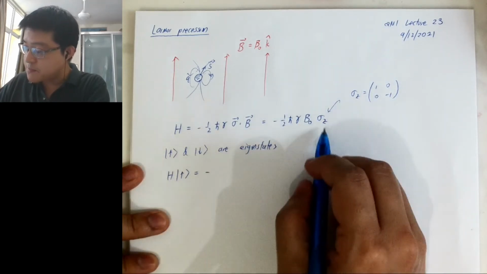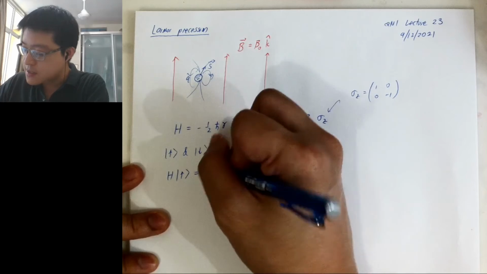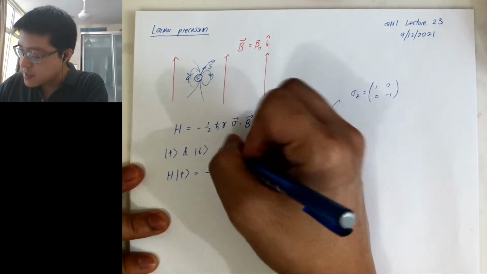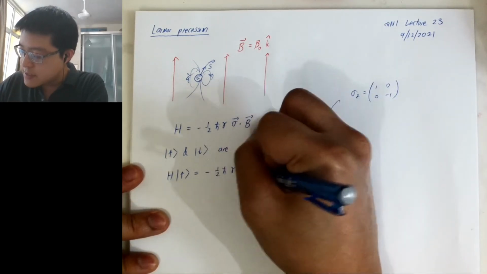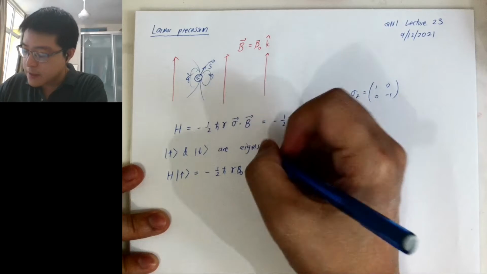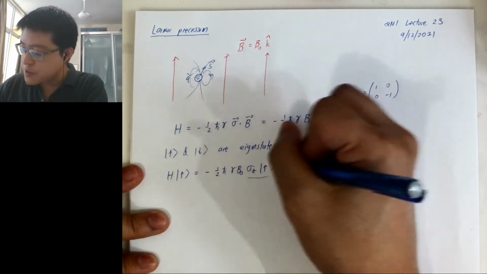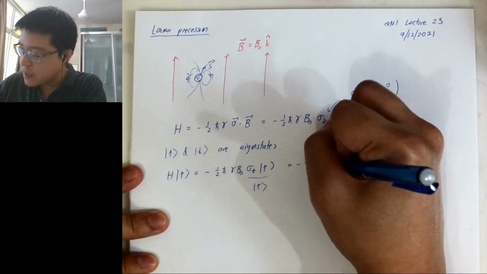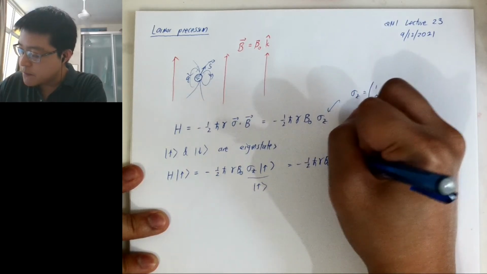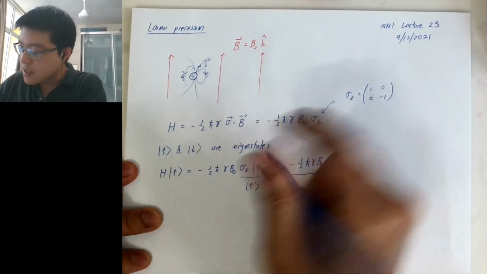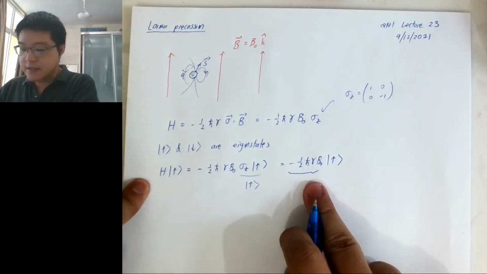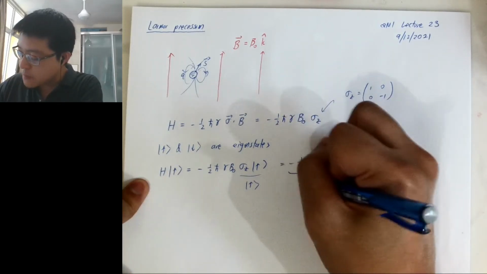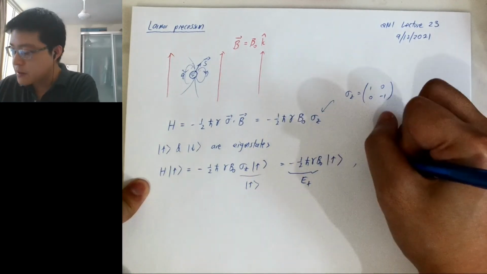It is because this is just the operator and these are constants. What we have here is half h bar gamma B0 sigma z operating on this, and sigma z operating on the up state just gives you back the up state again. So it's half h bar gamma B0 times the up vector. According to this equation, this is my eigenvalue, and we call this E plus, following the Griffiths notation.